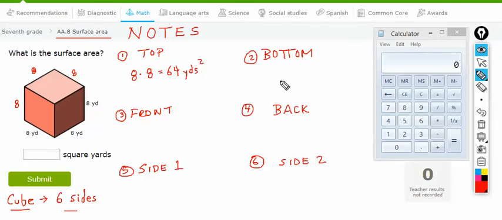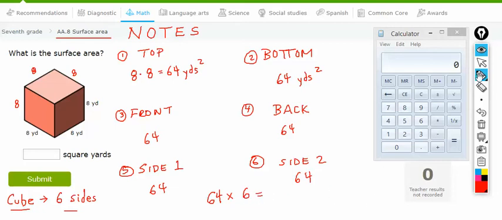The bottom is 8 by 8, 64 yards squared. The front, 64. The back, 64. Sides, 64. So basically what you're doing in this case is doing 64 times 6.